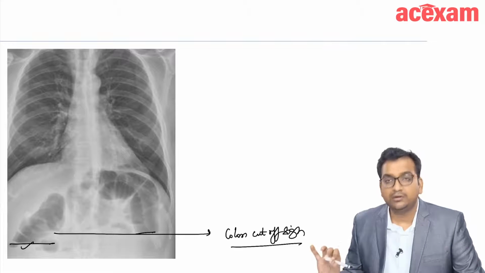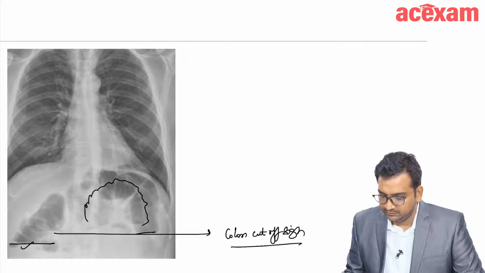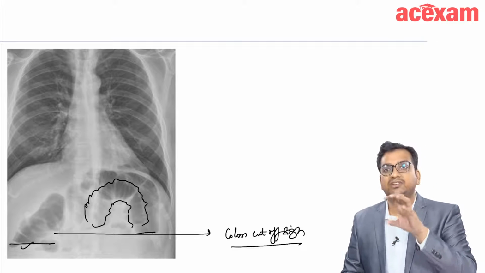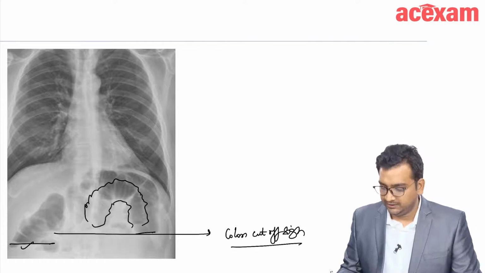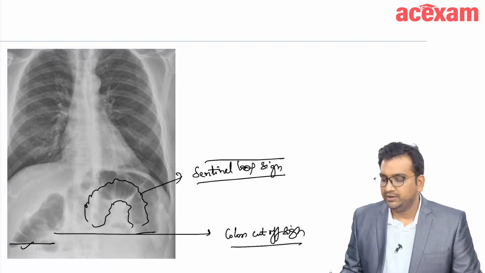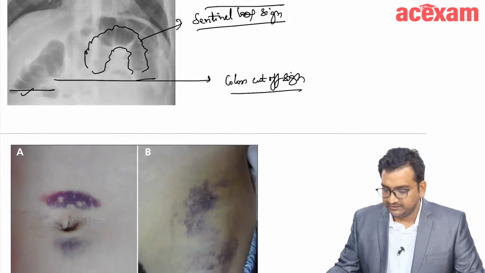There is a colon cutoff sign, and you can see here there is a small bowel loop which is dilated. Okay, is it visible? There is a small bowel, or jejunal, isolated loop dilated, which is a sentinel loop sign. Isolated dilatation of the jejunal loop. Okay, and these are the X-ray findings.